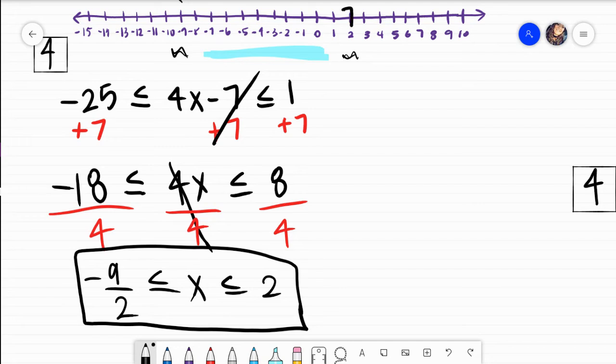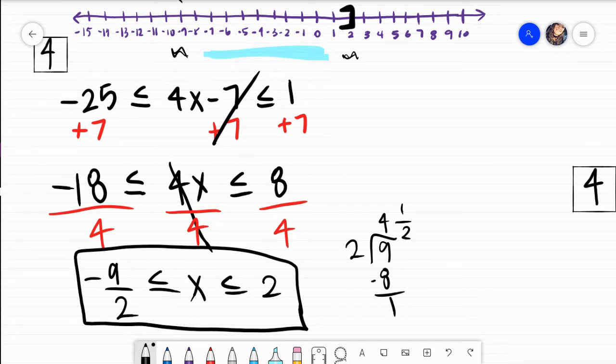So I can go ahead. I know where 2 is. I can go and do my bracket there. My -9/2, y'all, if you do 9 divided by 2 or use your calculator, you'll actually get the decimal answer. But what we can do here is just a little quick long division. Actually, it would just be division because it's not like a ton of numbers or anything.